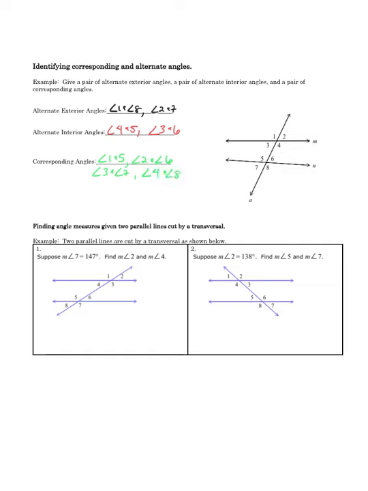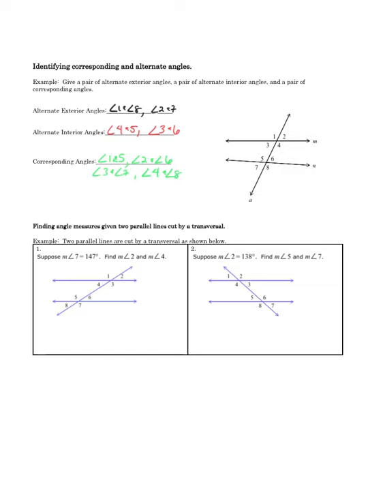Those are the types of angles. Please don't memorize them by their numbers. We are not going to label these the same way every time. In fact, the diagrams you have in the example are labeled differently than the other ones. So just don't memorize that angle 1 and angle 3 are always this. No, don't do that, okay?